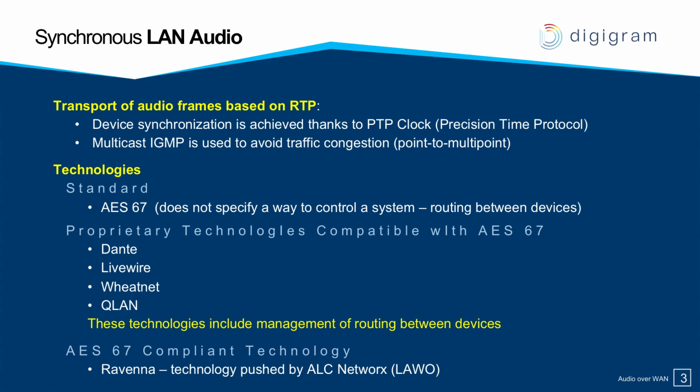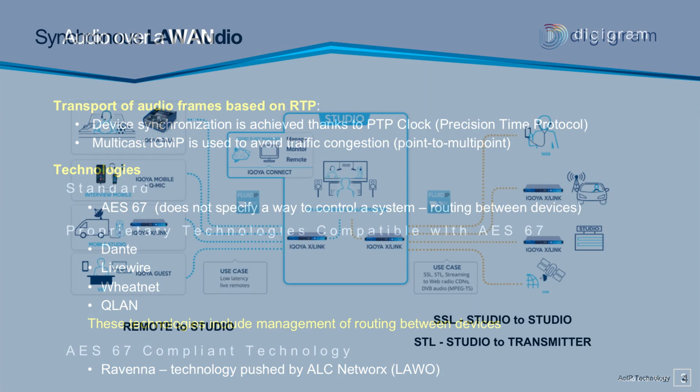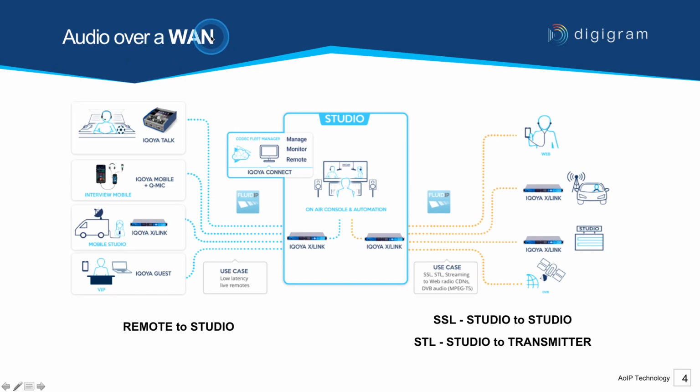So Dante and AES67 and some of these other technologies have a means to see all the devices on the network. You have little controllers or control panels that allow you to connect them, but it's all done in the confines of a LAN, or local area network. But as soon as we go to a wide area network using the internet, that changes, and we need technology to broadcast and make those connections.